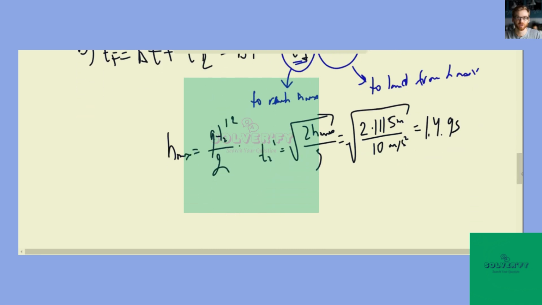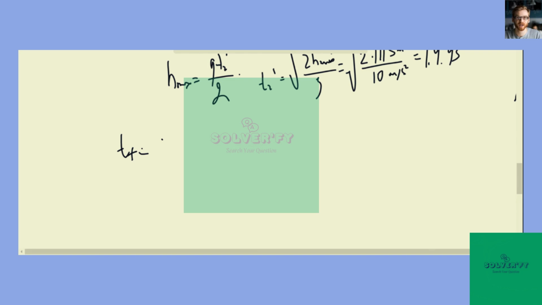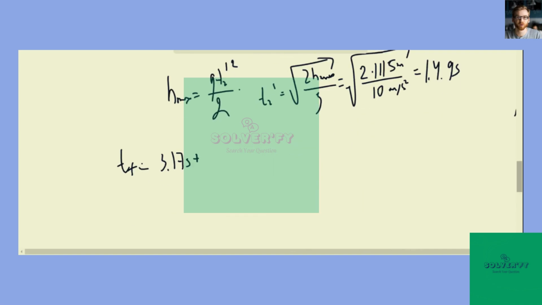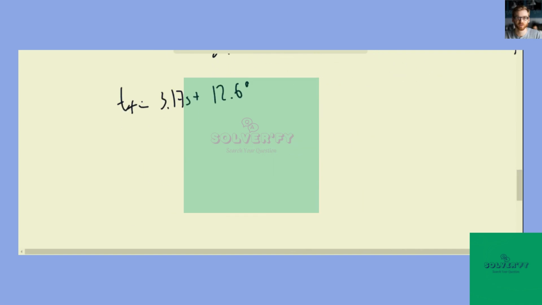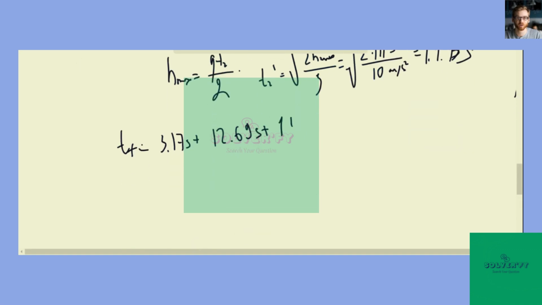Now let's calculate the total time of the flight. It equals 3.17 seconds plus 12.69 seconds plus 14.93 seconds, and then we'll round it.